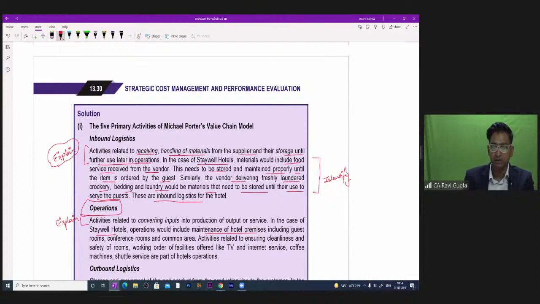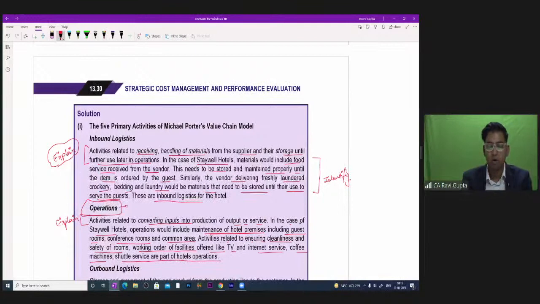So operations are activities relating to converting input into production of output or services. In the case of Stay Well Hotels, operations would include maintenance of hotel premises, including guest rooms, conference rooms, and common areas. Activities relating to ensuring cleanliness and safety of rooms, and working order of facilities offered like TVs and internet services, coffee machines, and shuttle services are a part of hotel operations.